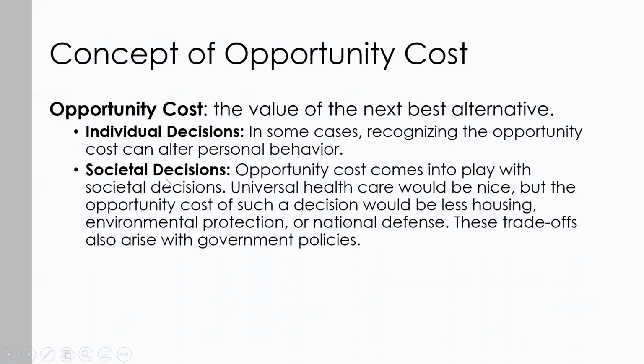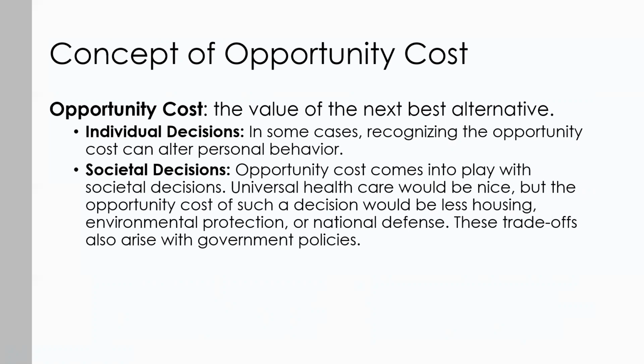An example in the microeconomics would be an individual decision: when you finish your baccalaureate degree, what will be your choices? Number 1, you can go into business. Number 2, you can become an employed person. If you choose to be an employed person, your opportunity cost is, of course, the profit you would have made if you went into business. That's individual.